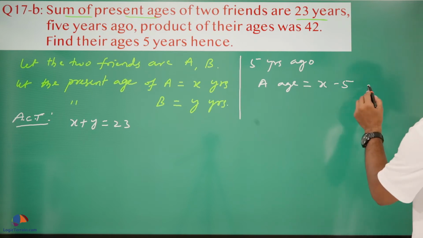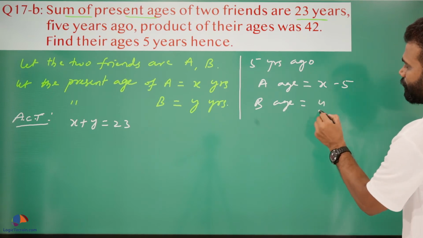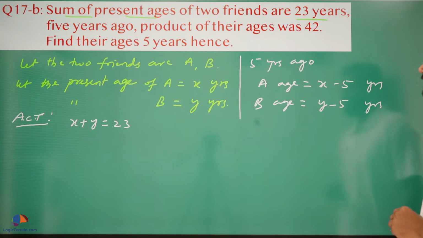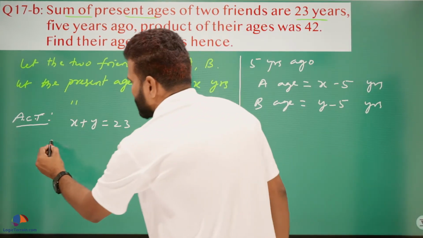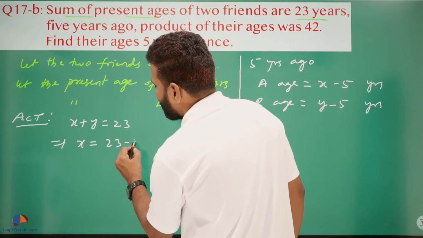And B's age will be Y minus 5 years, right? So from this, X is equal to 23 minus Y.